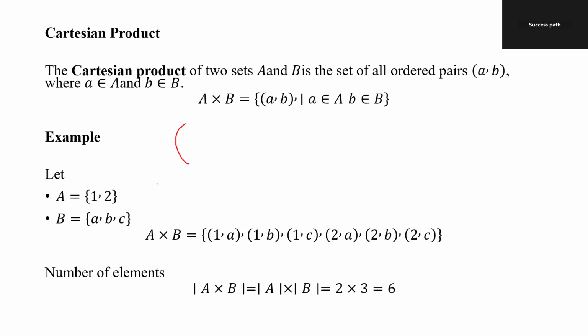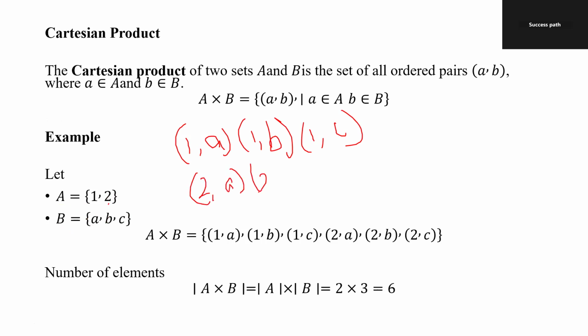And the number of elements we calculate by multiplying the sizes of A and B. A has 2 elements, B has 3, so 2 × 3 is 6 elements.